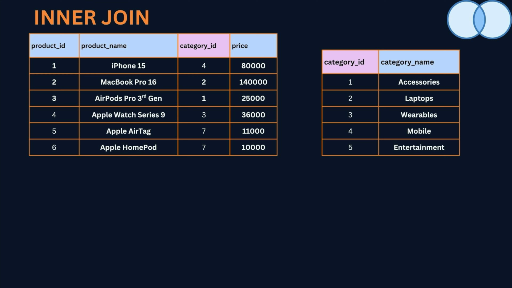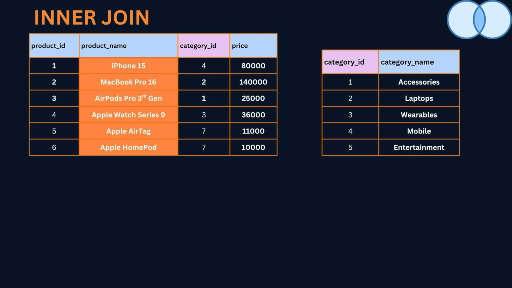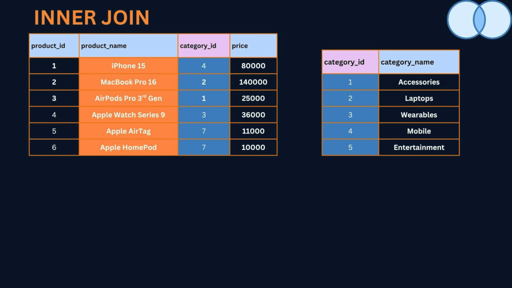The products table has 6 products in this case, along with the corresponding category ID for those products. And the categories table has 5 different categories. If we look at the category ID in the products table, the category IDs are 4, 2, 1, 3, and 7.